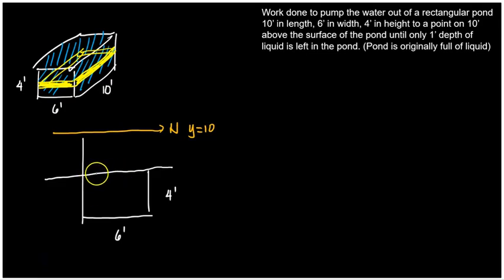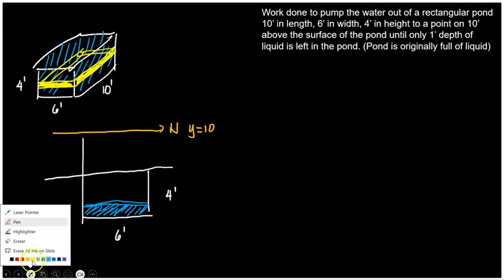Originally, it was full of water, but then you will pump until only 1 foot of liquid is left in here. So this will be what's left, but what you need to pump out is the original contents.